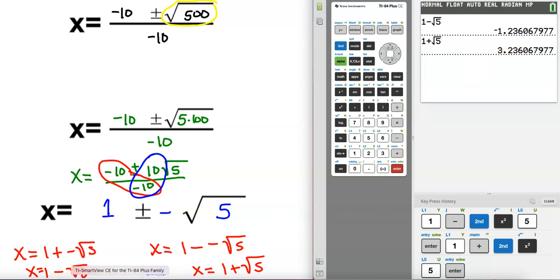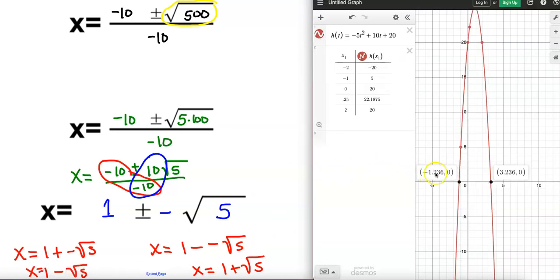Now, here is the really cool part about it: look, these are your solutions right here. These same solutions that I got using the quadratic formula are the same solutions that show up here. But sometimes they like to leave your answer choices written like this in radical form where they don't want to see the decimal numbers.